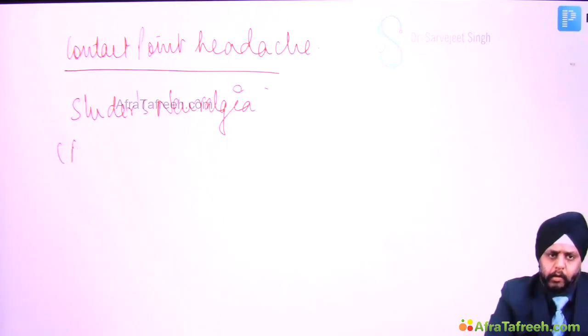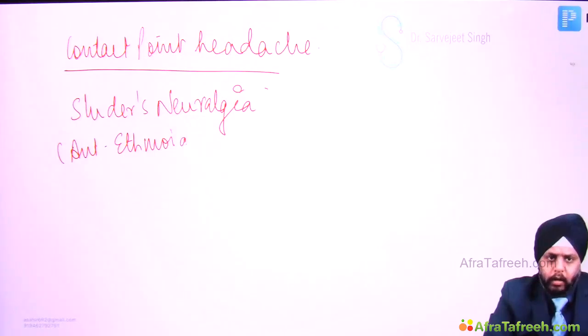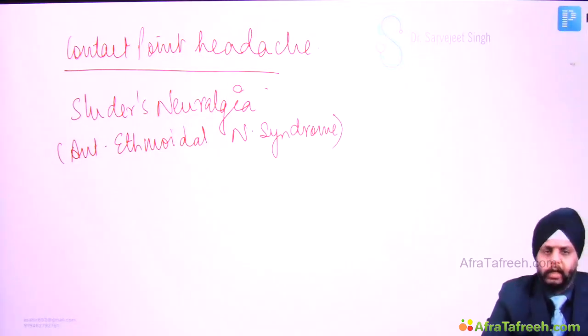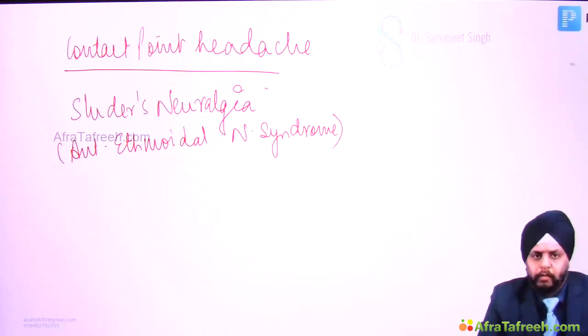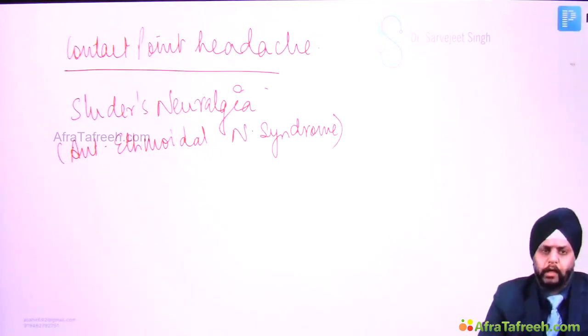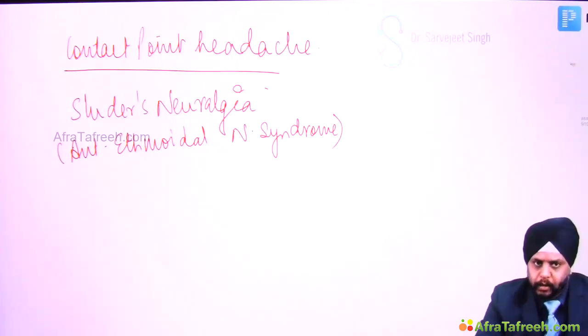Slugger's neuralgia is anterior ethmoidal nerve syndrome. So the anterior ethmoidal nerve is stimulated inside the nose. The referred pain is there on the face, around the bridge of the nose, on the lateral part to the dorsum of the nose. That is known as Slugger's neuralgia, right?